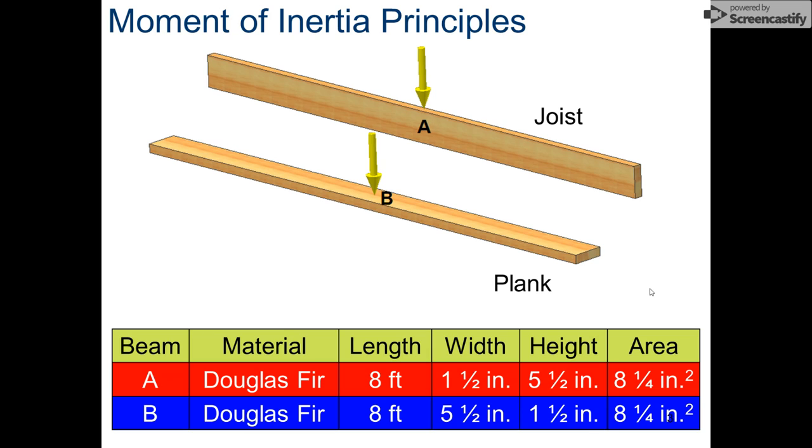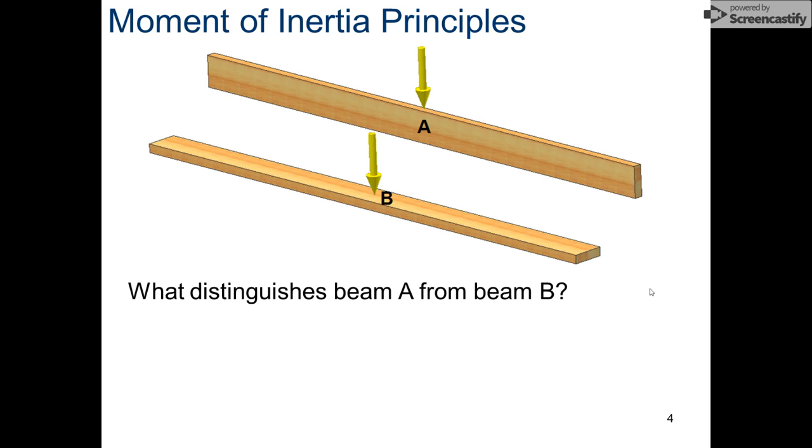However, if you look at the width of the plank, it's 5.5 inches, where the height of the joist, number A, is 1.5 inches, and their height is reversed. Okay, and they have the same area.